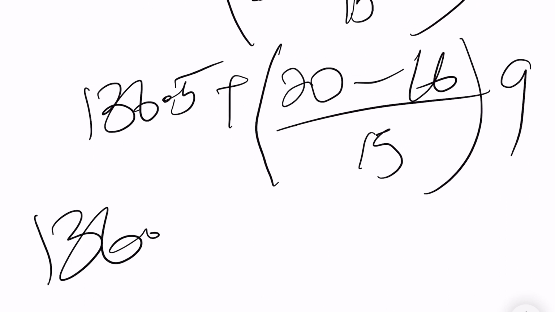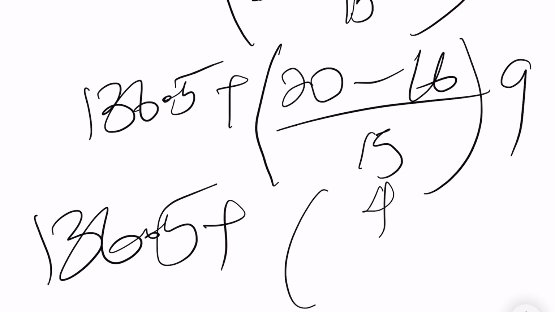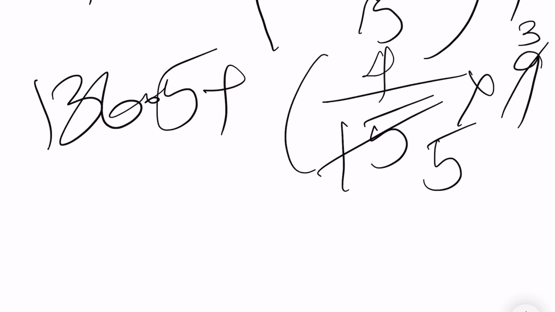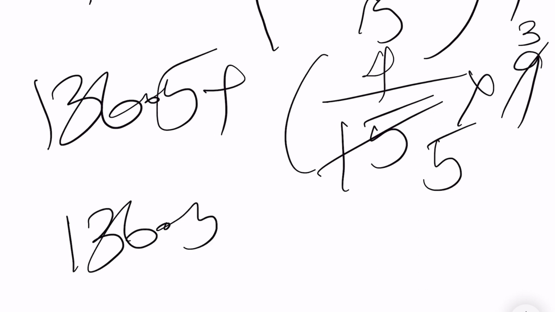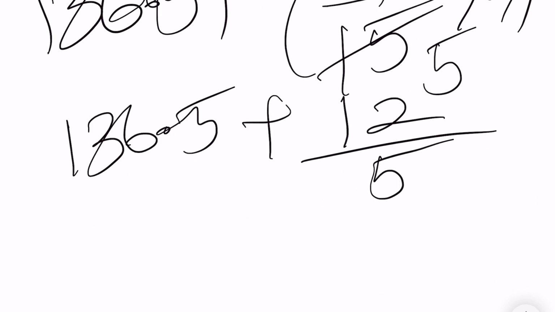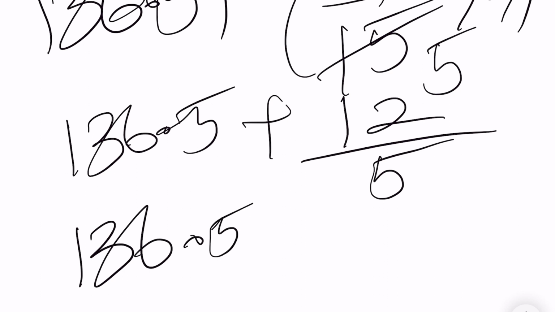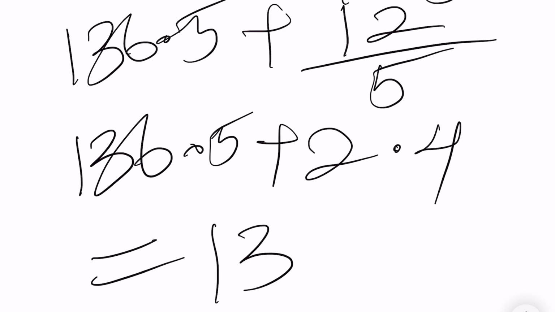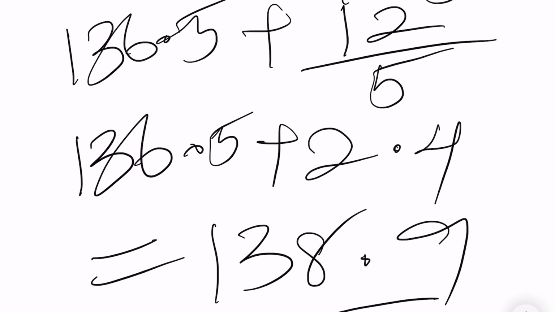So we have 136.5 plus 4 over 5 times 9, which is 136.5 plus 36 over 15, that is 136.5 plus 12 over 5. So 12 over 5 is 2.4, and we have 136.5 plus 2.4, which is 138.9.